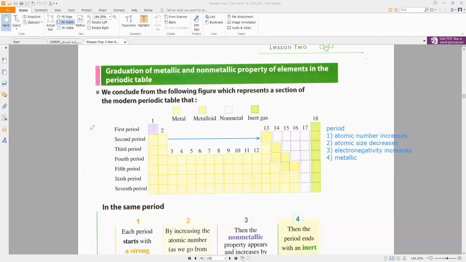And sodium, atomic number 11, has 2 in K, 8 in L, and 1 in the outermost.